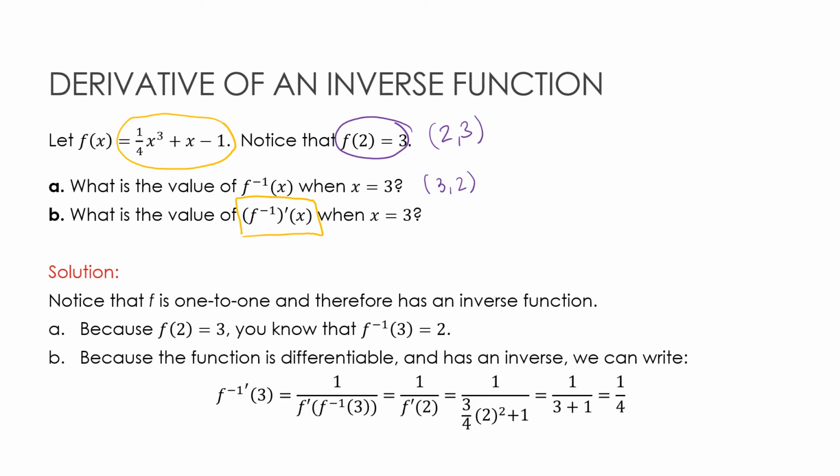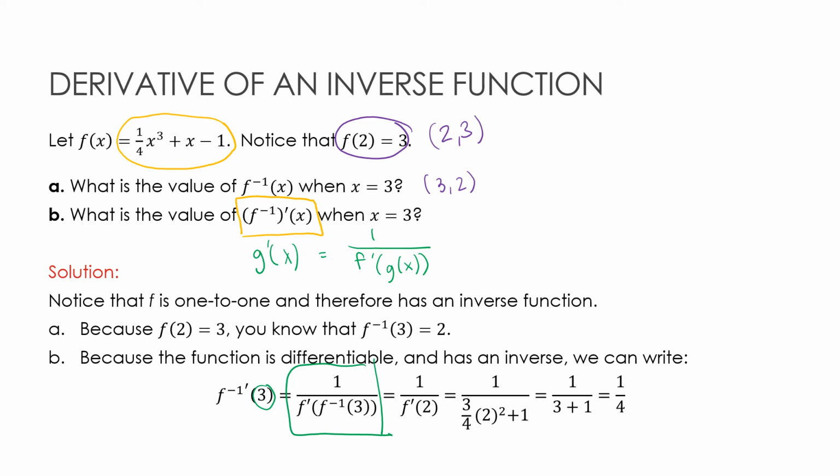I just used it with g and f before, but really it's the same thing. If I want to find g prime of x, which is the same as f inverse prime because we're calling g the inverse, then I'm going to take 1 divided by f prime of g of x. So that's what I'm going to do now, take f prime of g of x, but here we're specifically using 3.